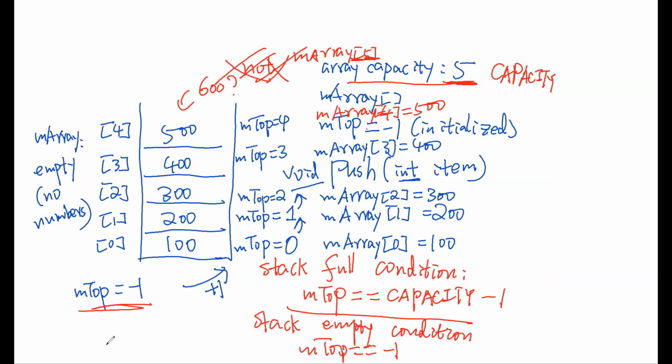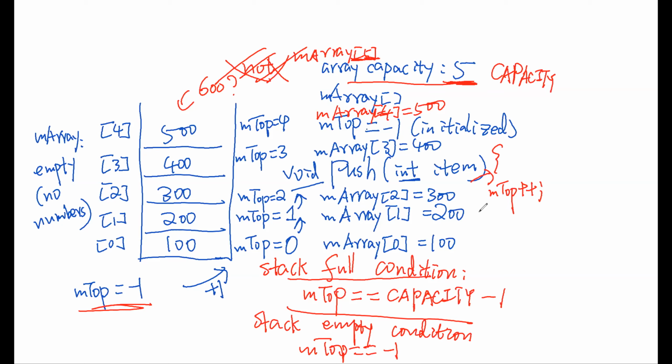Okay, so now you know how to write the push operation. You can kind of guess how to do it. You need to update the top index, but you need to make sure your stack is not full.